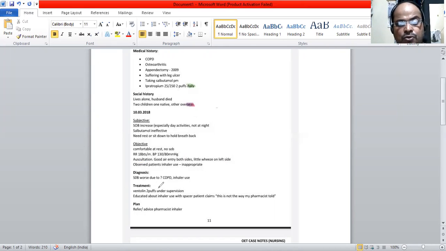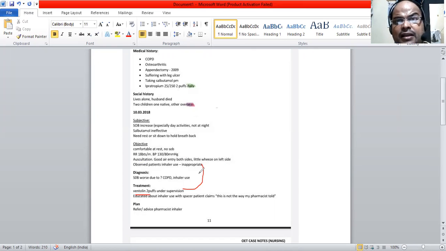Right now she has told you that salbutamol was not effective. You advised her to have 2 puffs of Ventolin under supervision. While under supervision, you could see that it was inappropriate. You assessed the way she was using the inhaler, and you saw that it is inappropriate.